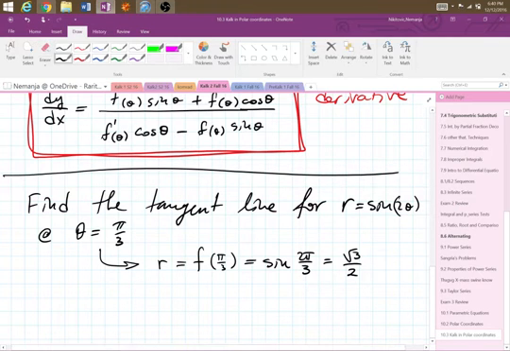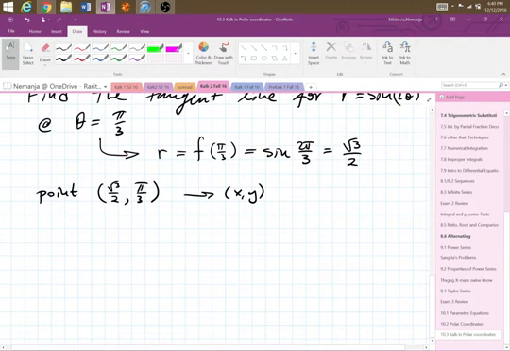Okay. So now our point for the tangent line is root 3 over 2 comma pi over 3, and we convert that into xy because we have to. So x is r cosine theta, which is root 3 over 2 times cosine of pi over 3, which is a half.